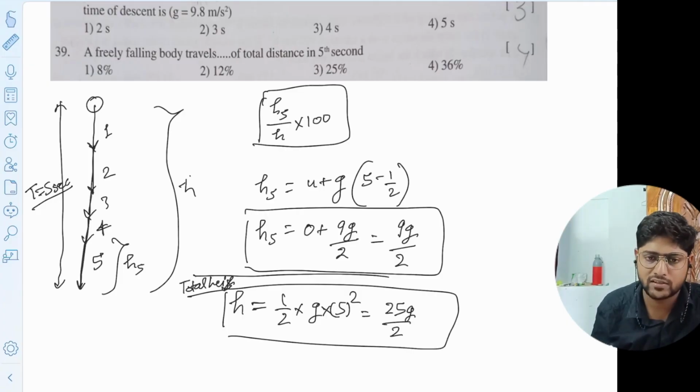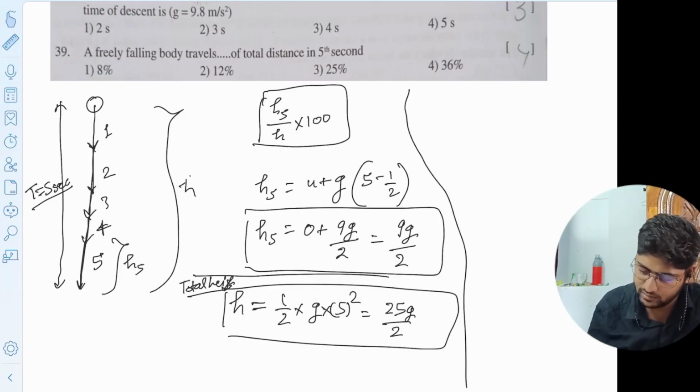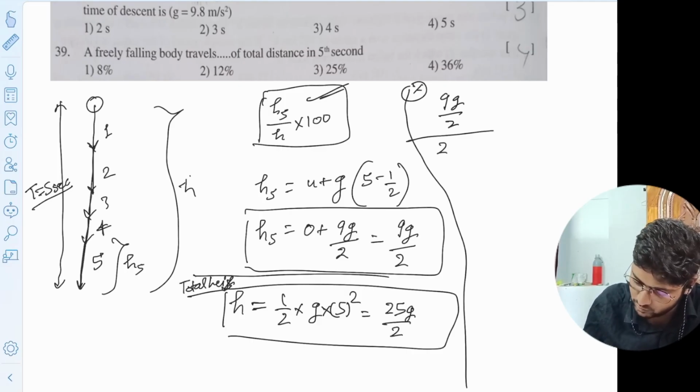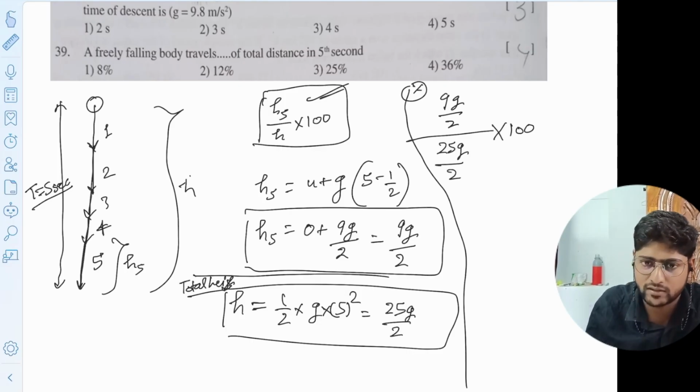Now we have to take percent. What was our percent? Percent is h5 by H. H5 is 9g by 2, divided by H, which is 25g by 2, into 100. 2 cancels, g cancels.